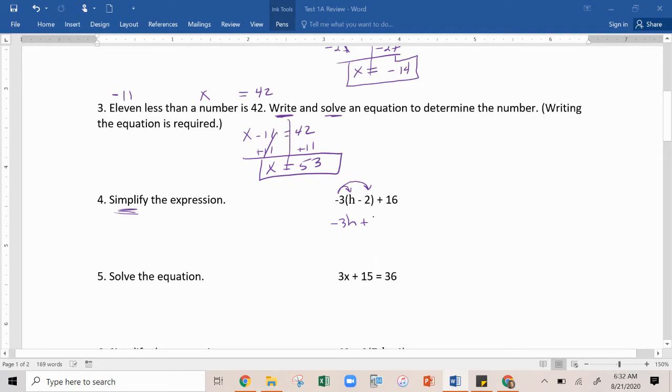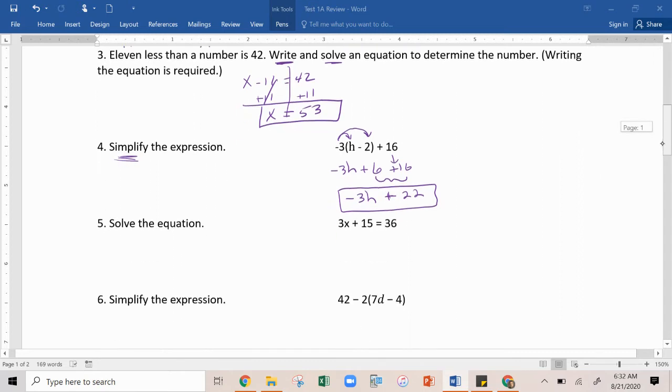And then 3 times 2 is 6. And now bring down this plus 16. I can put constants together. Those are both numbers. We can put them together. So we get -3h plus 22. And so that is as simple as I can get it because h's and numbers cannot go together, right?